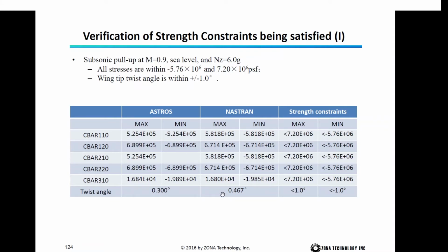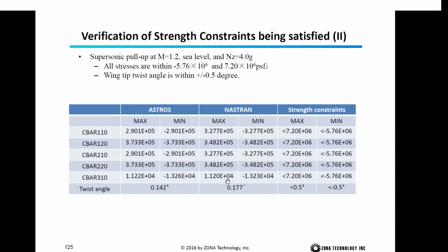Both are satisfied. Okay, and this is the supersonic pull up strength condition. Again, both ASTROS and Nastran satisfy the strength constraint, and also the wing twist angle is less than 0.5 degree. Both optimized structures satisfy this constraint.